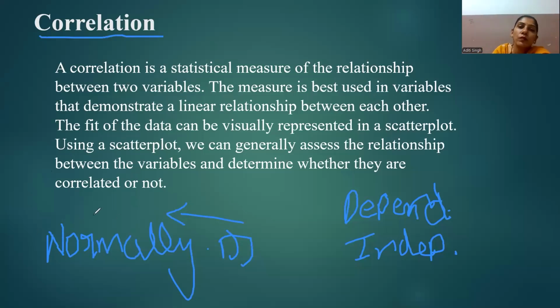What is the use of correlation? Basically, correlation helps in identifying the degree and the direction of the relationship between two variables. With the help of correlation, we can identify the direction and degree of two or more variables. The effect of correlation is to reduce the range of uncertainty of our prediction.